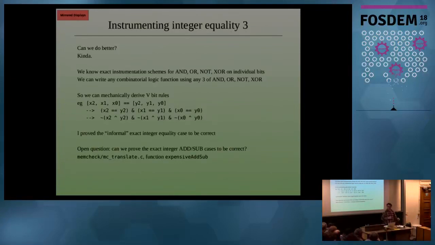And like I said in my previous slide, for and and or we have an exact interpretation, exact instrumentation, and the same is true for not and XOR. So that means that if we first take any operation we want to instrument, write it in terms of single bits, and then apply our instrumentation scheme to that, then we will have something which is actually correct, even if it's not optimal.